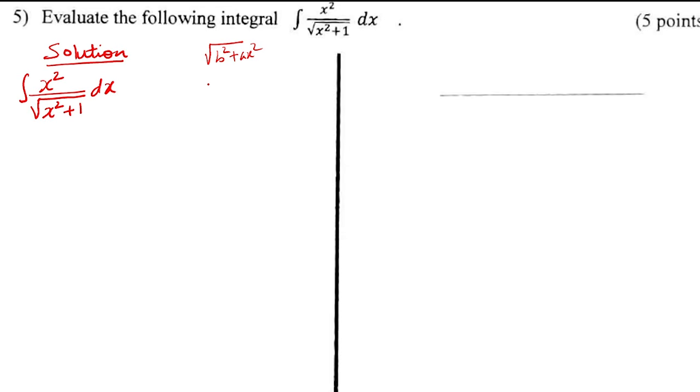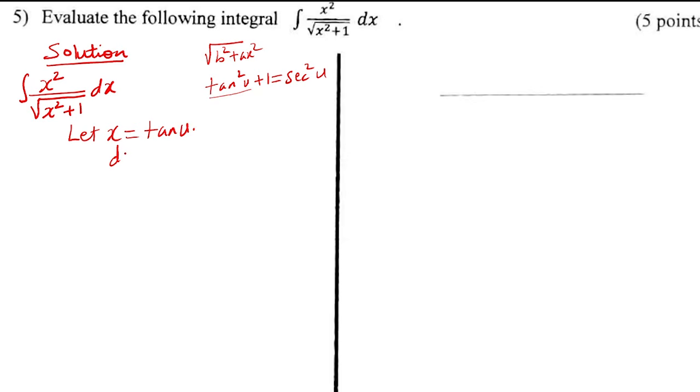From the trigonometric identity, you need to remember tan squared u plus 1 is equal to sec squared u. So 1 plus x squared. So what should be x? Now in our solution, let x be tan u.